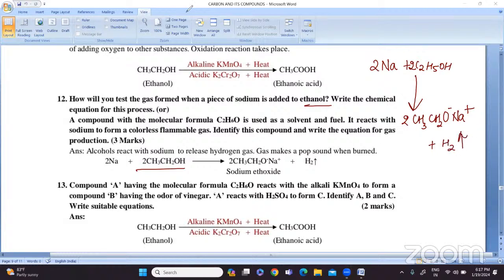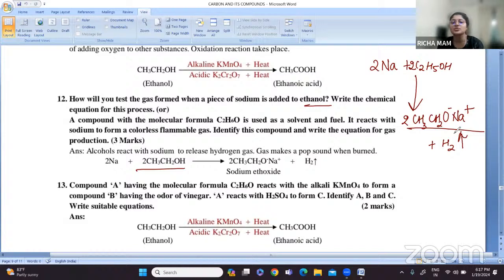So which gas is released? The hydrogen gas is released. When alcohols react with active metals like sodium, they release hydrogen gas.